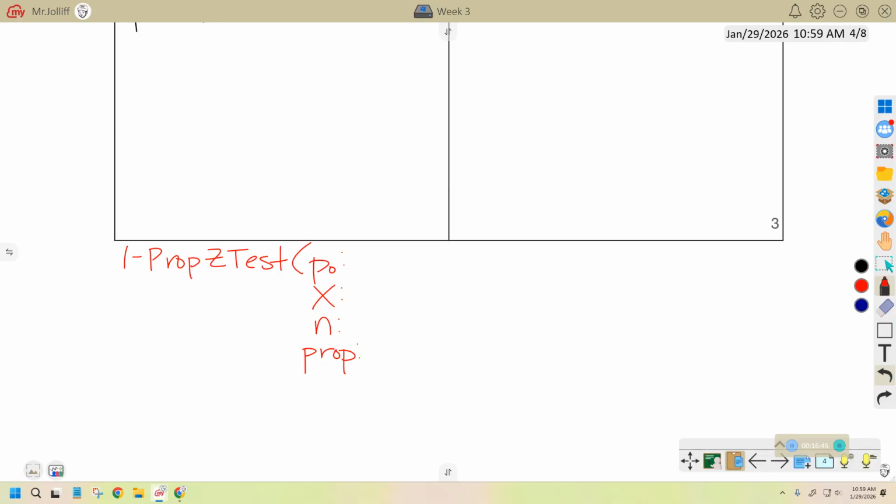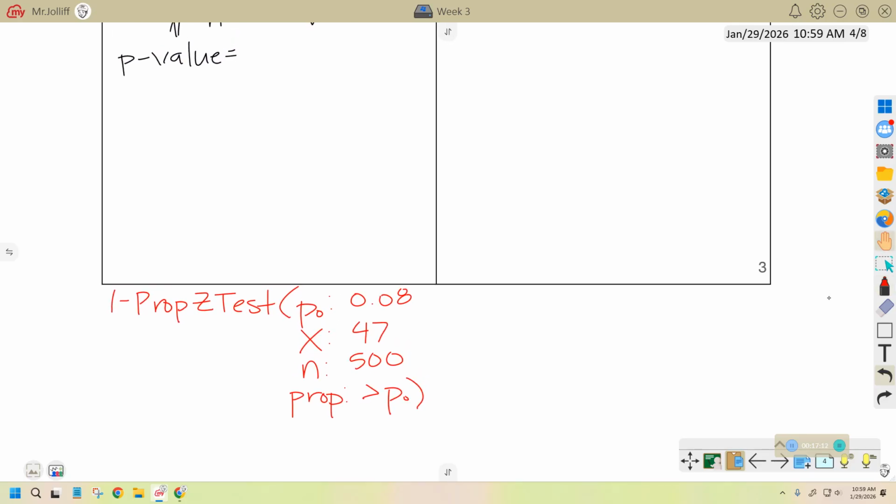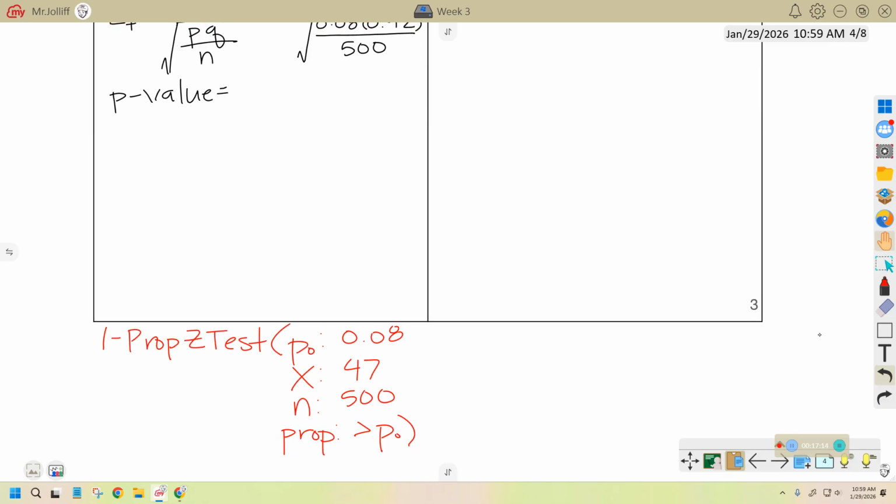If you're writing out the calculator function, you have to write your inputs in words. Good. We have those values. This was a greater than claim. I'm going to give you just a minute to run that on your calculator.